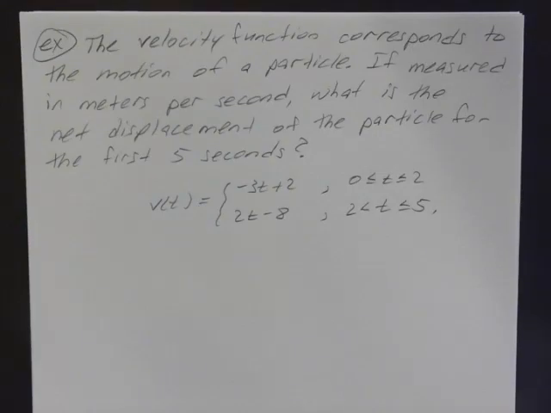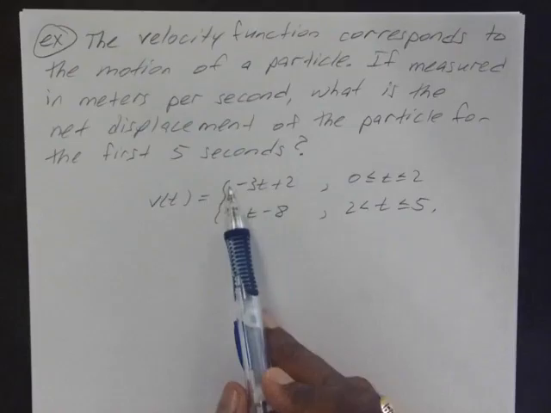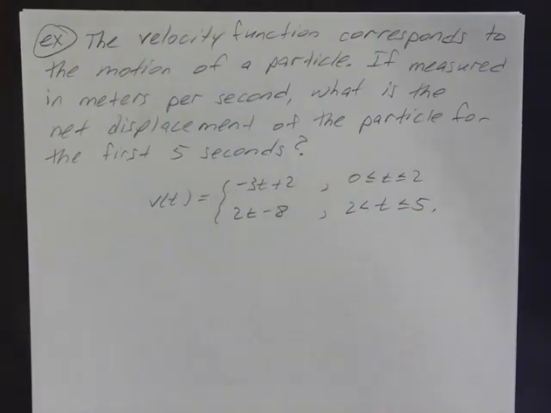So this would be useful, let's say, if you're observing the velocity of a bee flying for whatever reason. Maybe you're getting research grants to do that. From the first 2 seconds, the bee is flying and you jot down all of the data and come up with this velocity function.